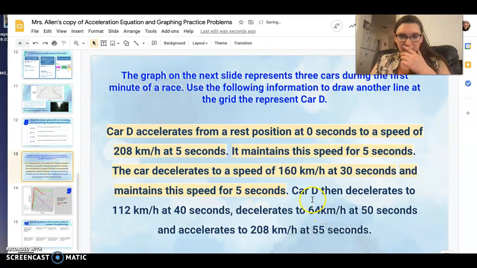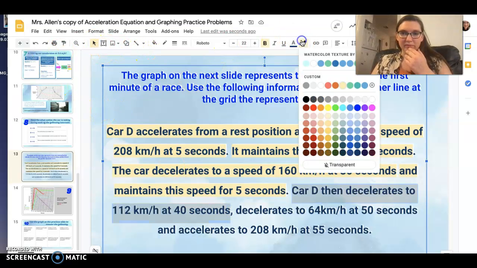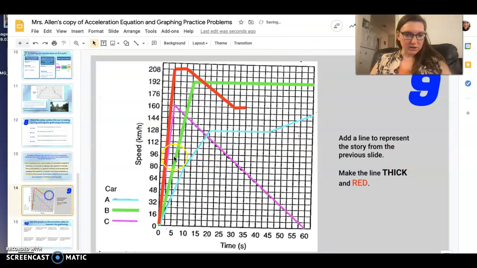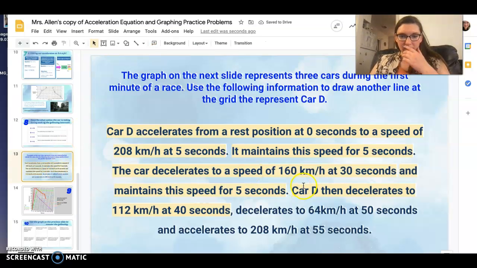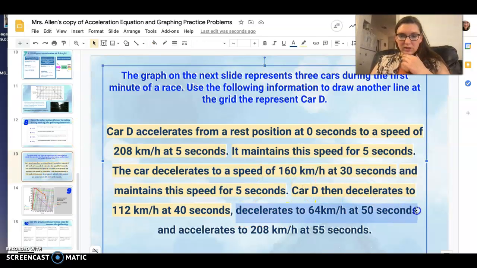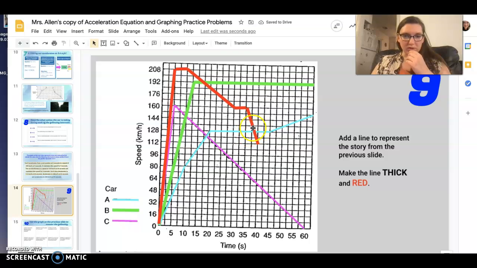Then car D decelerates to 112 kilometers per hour at 40 seconds, so that's over the course of 10 seconds. Then it decelerates to 64 kilometers per hour at 50 seconds, so that's another 10 seconds.